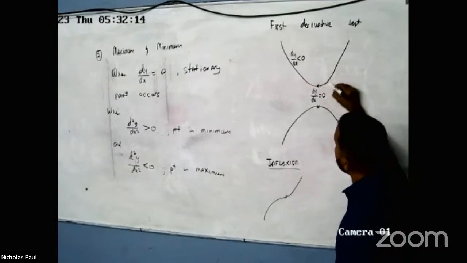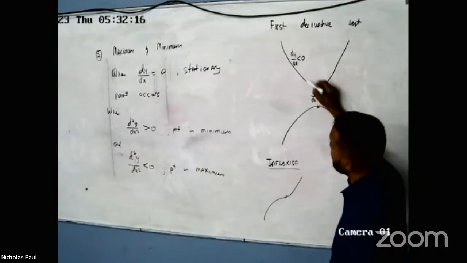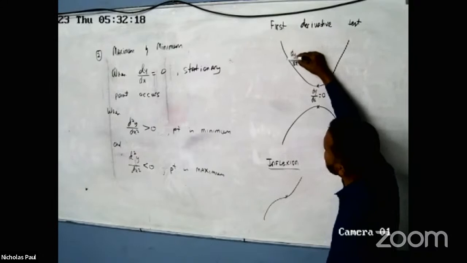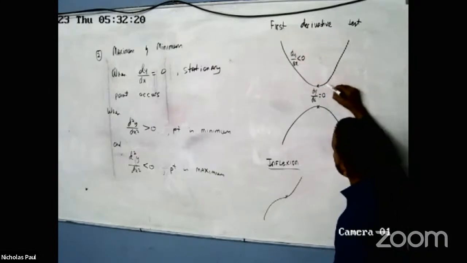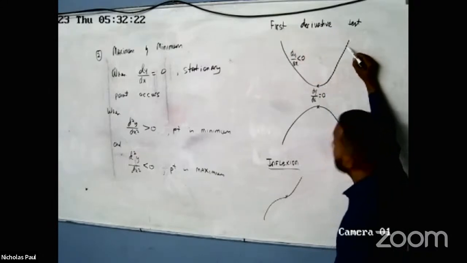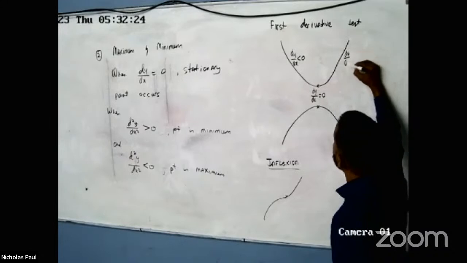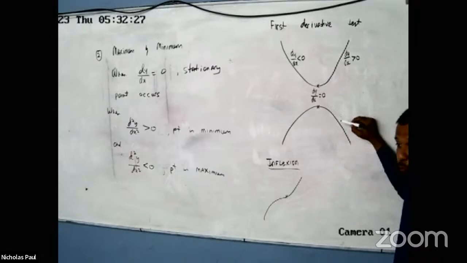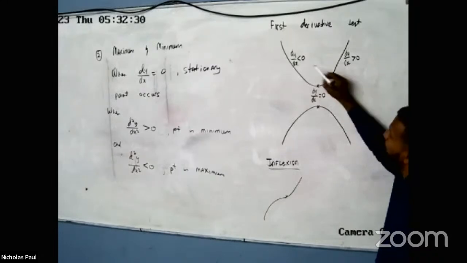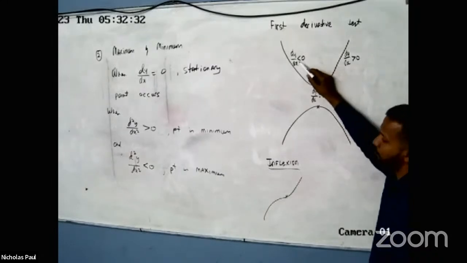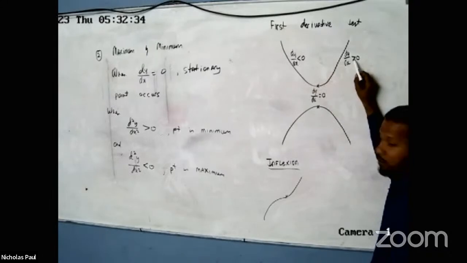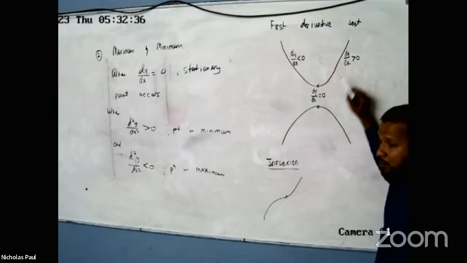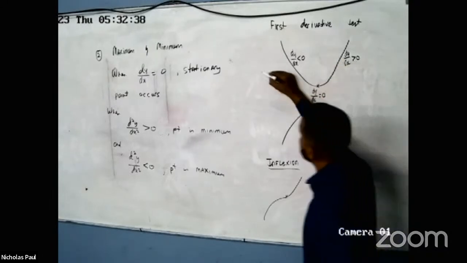Here, dy/dx begins to increase. So you could see that your gradients decrease in here, and then the gradients begin to increase here. So here, your dy/dx is going to be more than 0. So whenever your first derivative goes from less than 0 to more than 0, what you have here is a minimum.